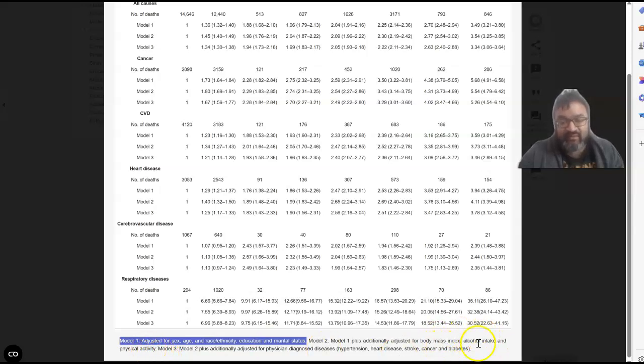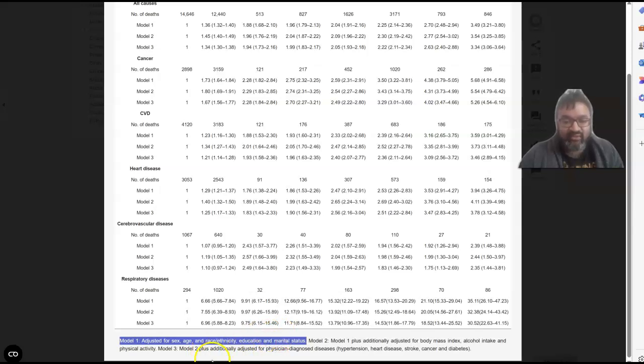So these are common medical conditions that this is controlled for. So Model 1 was just demographic variables. Model 2 was demographic variables plus some of the medical conditions.